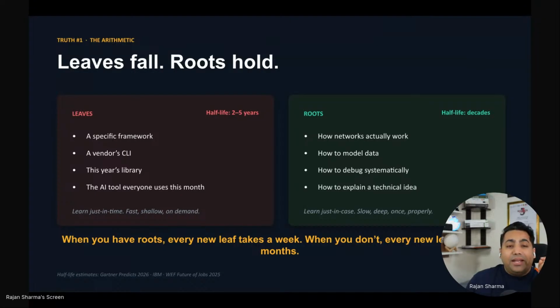And why I'm calling them leaves is because a leaf falls every season so new leaves can grow, which means such technology is not going to be with you long term. It is just a moment where you understand, consume, and do the work, because soon enough it will become outdated.